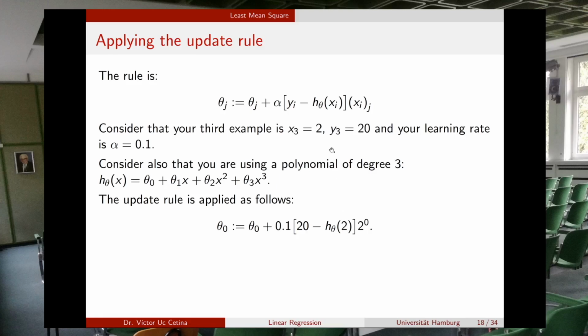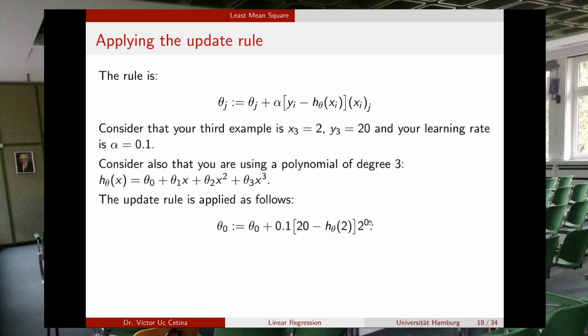So this 2 is the xi, which in this case is 2, and we need to replace 2 here, here, and here. So here will be 2, here 2 to the power of 2, which is 4, here 2 to the power of 3, which will be 8, and we need to evaluate this with the current values of theta. Initially these values are just randomly generated, and this is going to give you a number. This number is going to be replaced here to compute the subtraction.